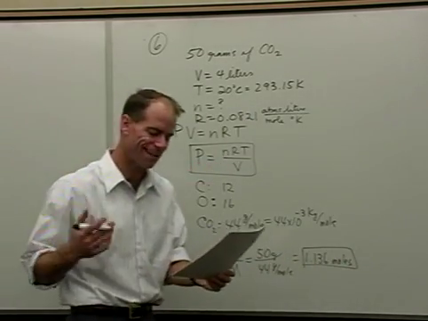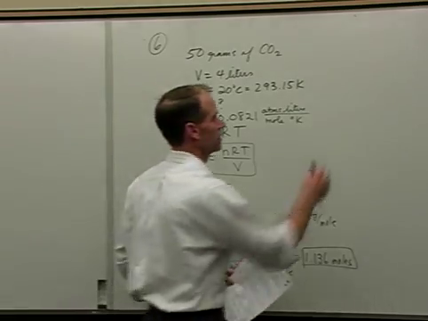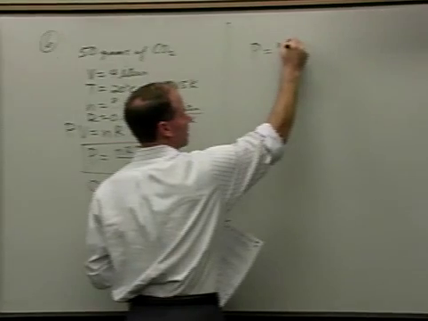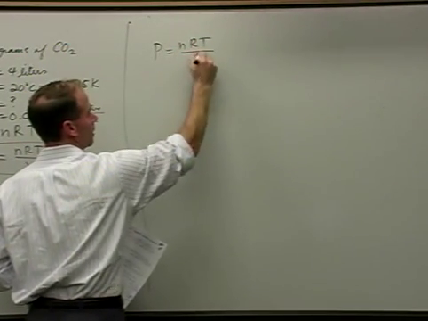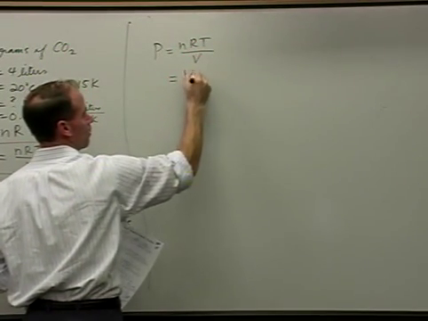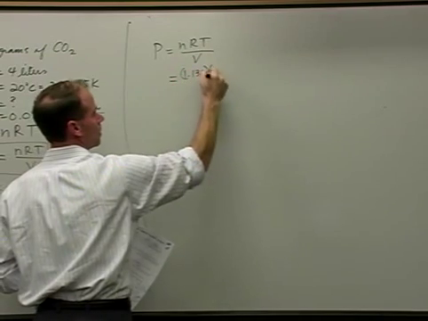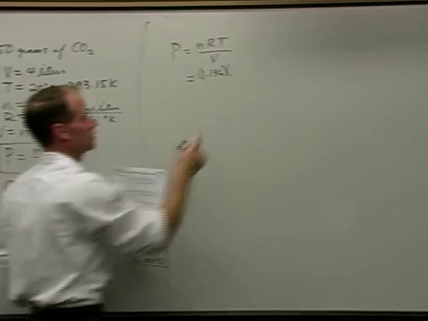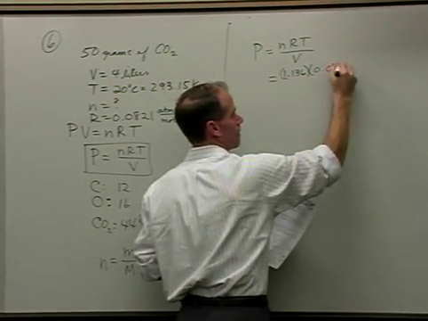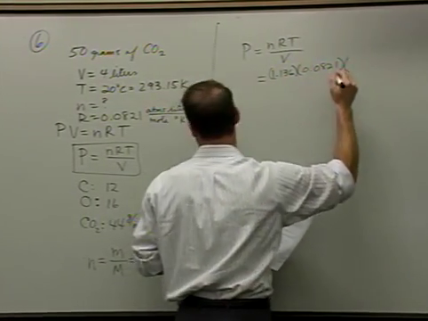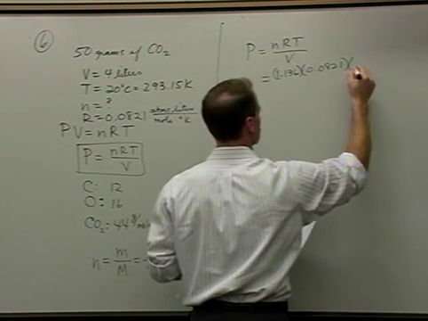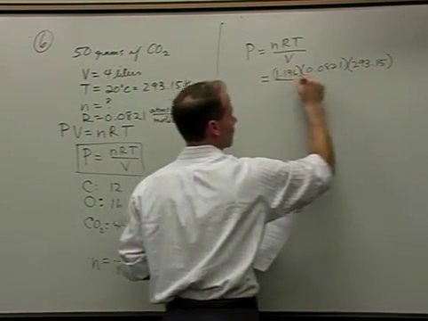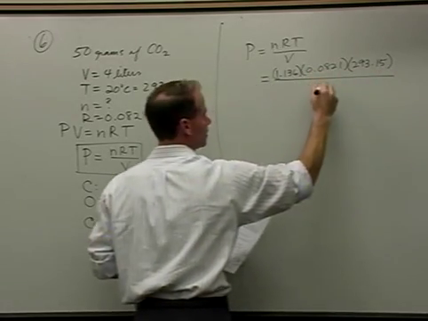So now we can find the extra pressure added by the CO2. P equals nRT divided by V. So this would be 1.136 moles times our gas constant, and we want to use this one, 0.0821, times the temperature, 293.15, divided by the volume, 4 liters.